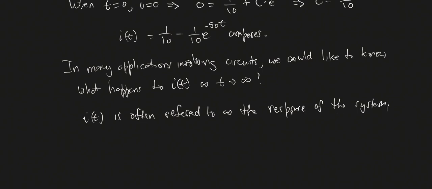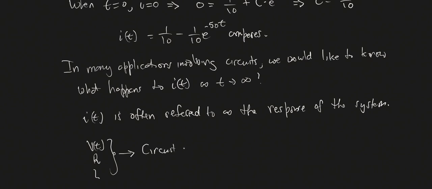In other words, we set up the circuit. We have our voltage, we have our resistance, we have our inductance, and all of these things go into building the circuit.